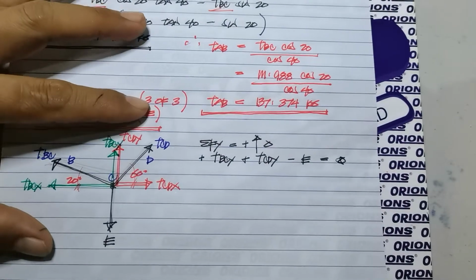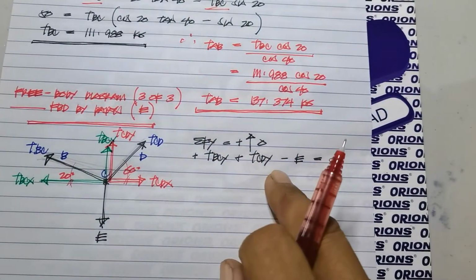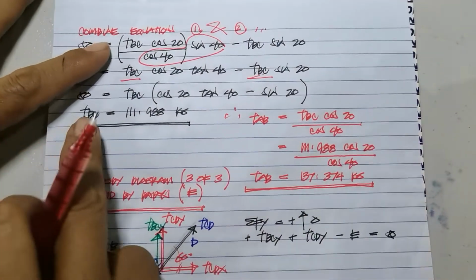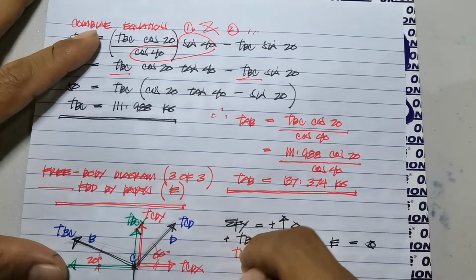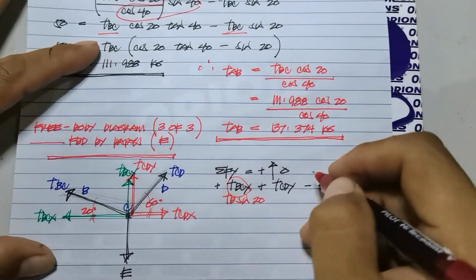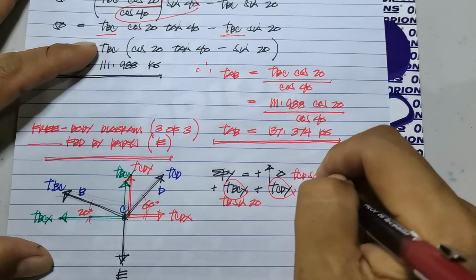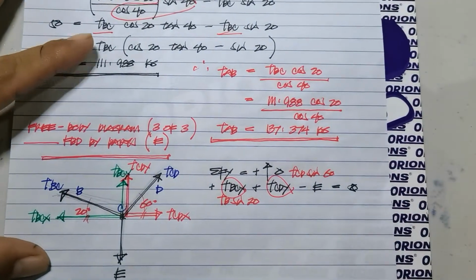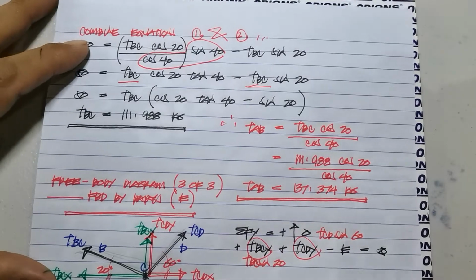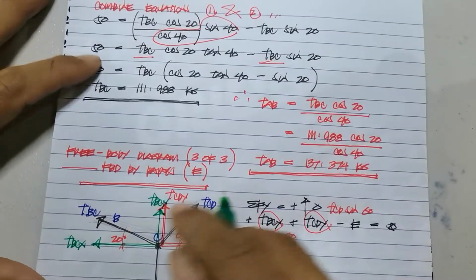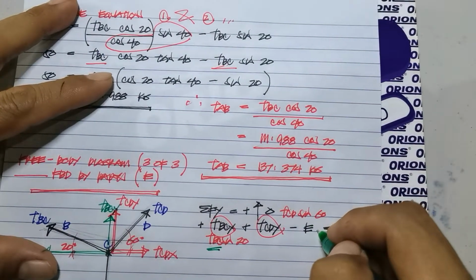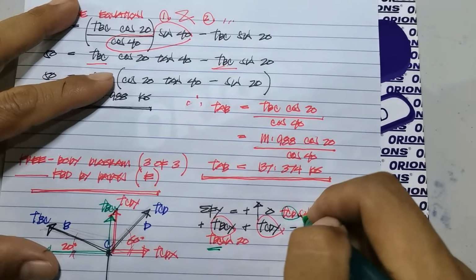However, if we evaluate our current equation, let us break it down first: TBC sine of 20, and TCD sine of 60. Earlier, we already got the value of TBC. But if we scrutinize the current equation, our main requirement is E, and we also have no value of TCD.